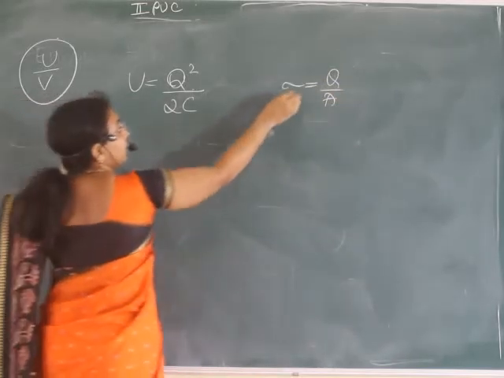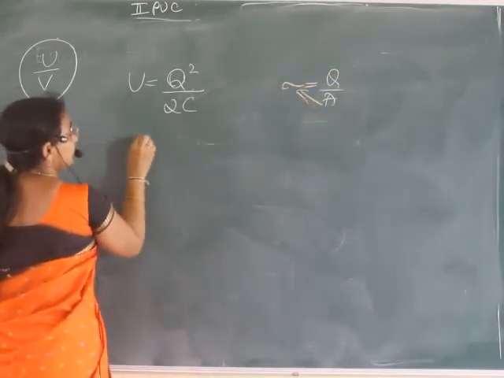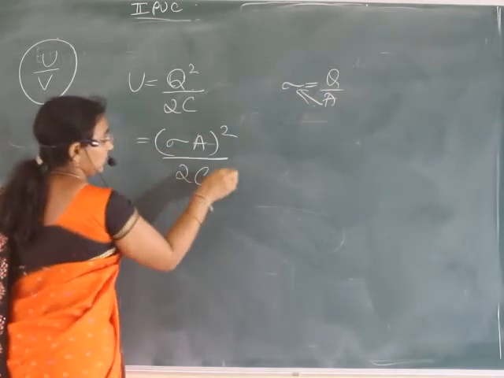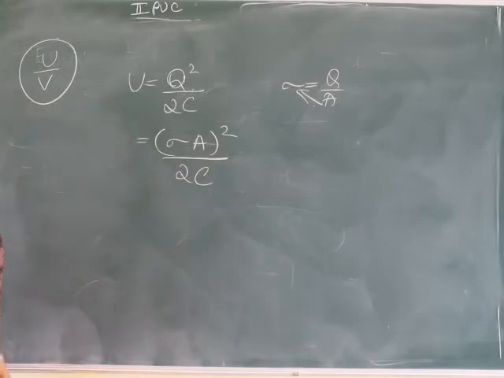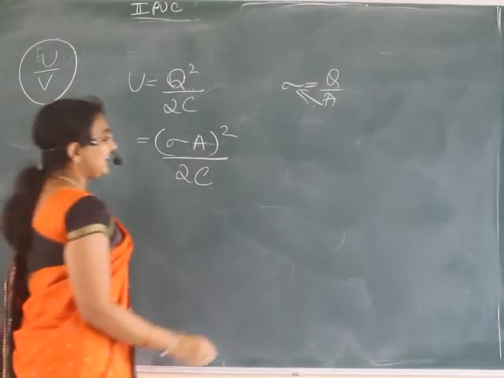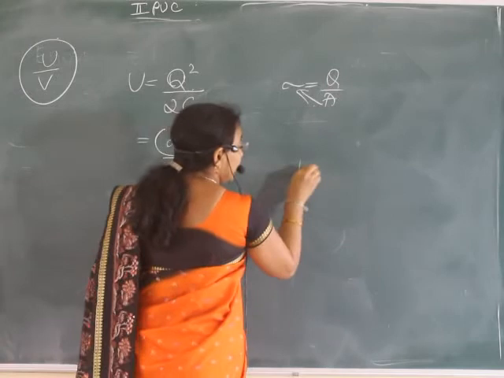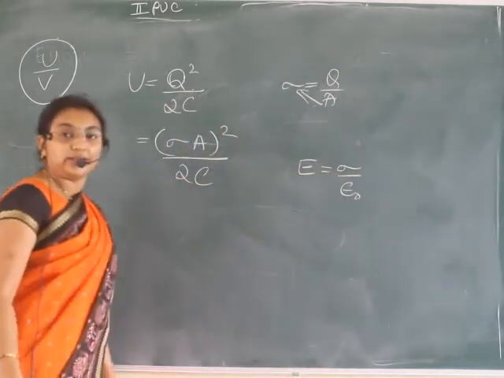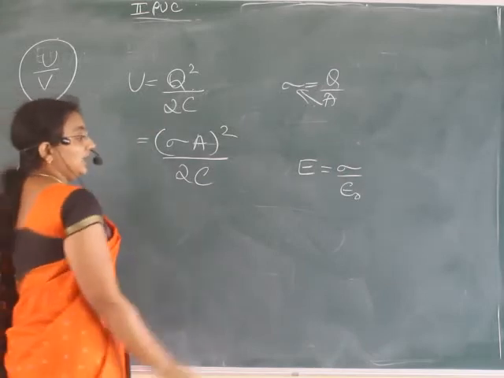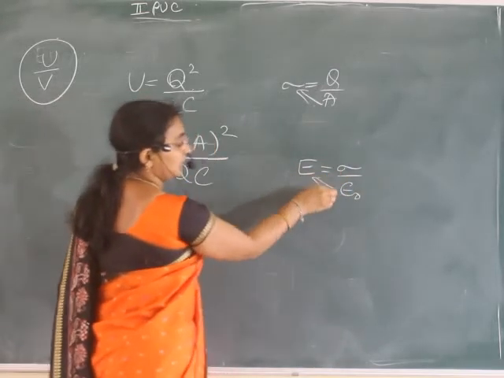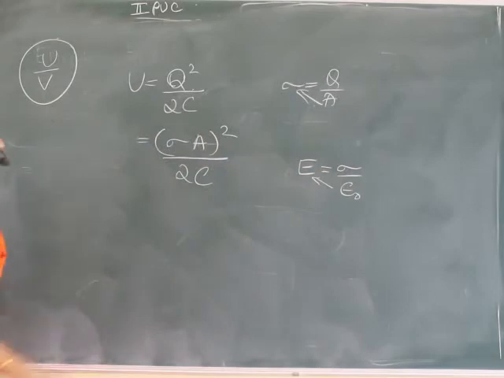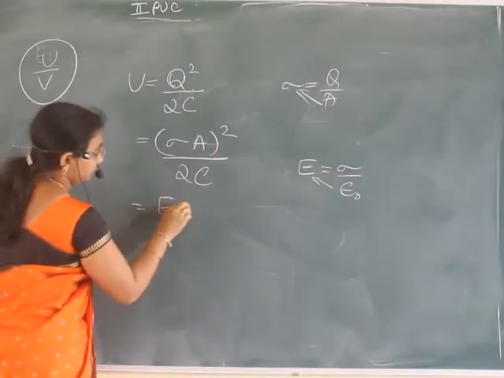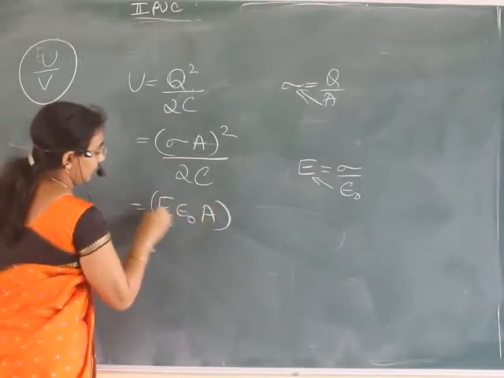Then I can write Q is equal to sigma A. One more, I can write E is equal to sigma by epsilon naught, in terms of electric field. Correct? Then I can write sigma is equal to E into epsilon naught. Am I right?